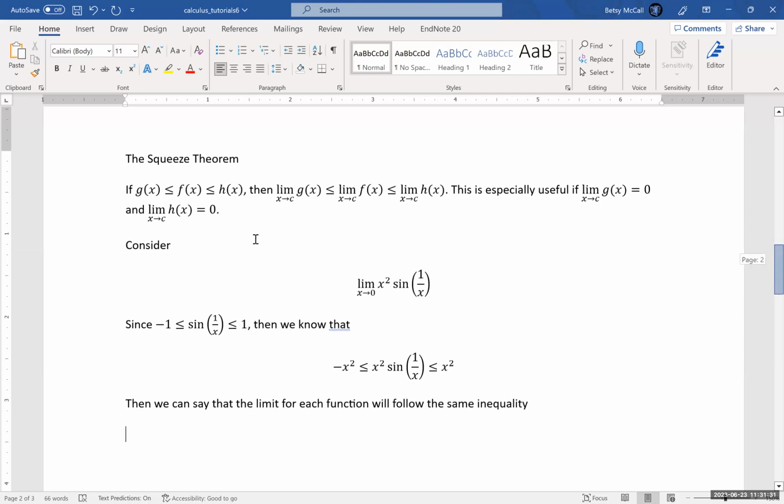And so I am going to borrow this, so I don't have to retype the limit all over the time. We're going to let the limit go to 0 in each one of these cases.